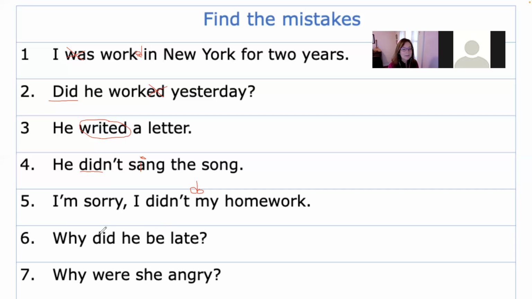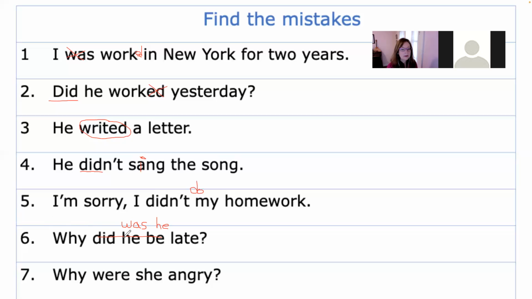Or you could take out the did he be, and just say, why was he late? Because with the verb was, we don't have to have that did there. We can just use it in the simple past tense.